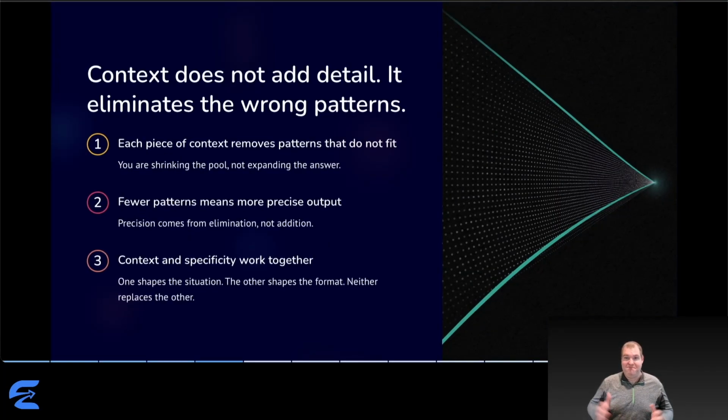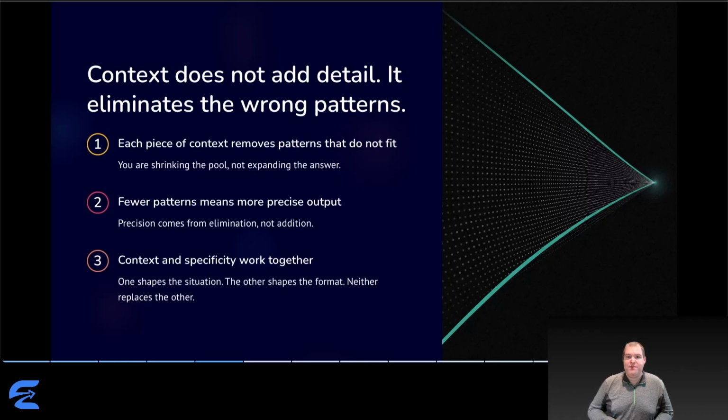When people hear add more context, they often think the goal is a longer prompt, more words, more explanation, more detail for its own sake. The actual goal is different. Each piece of context you add removes patterns from the pool that don't fit your situation. You're shrinking the set of possible matches, not padding the answer.